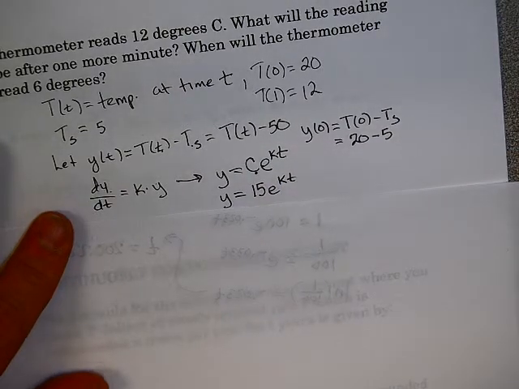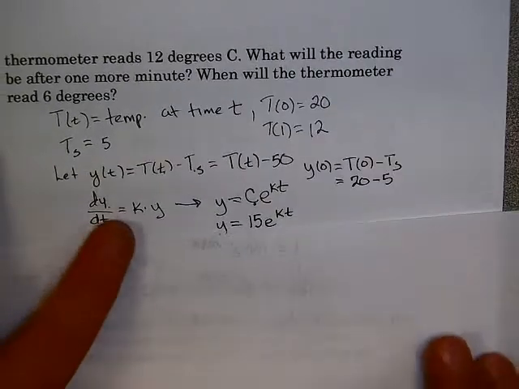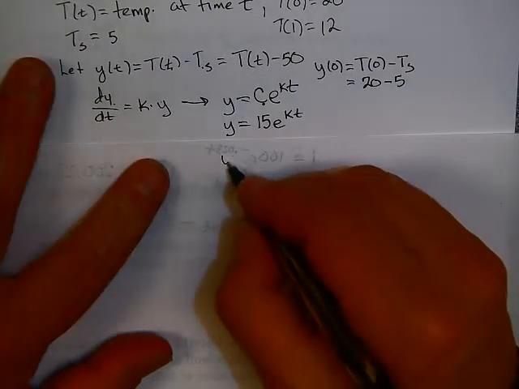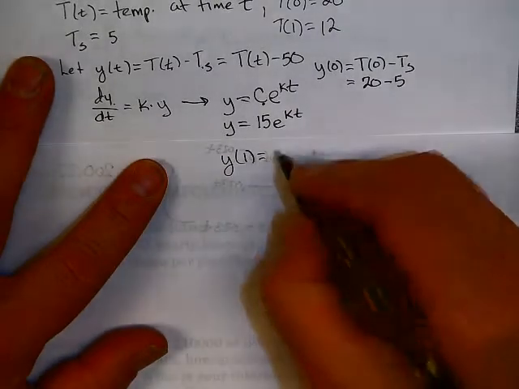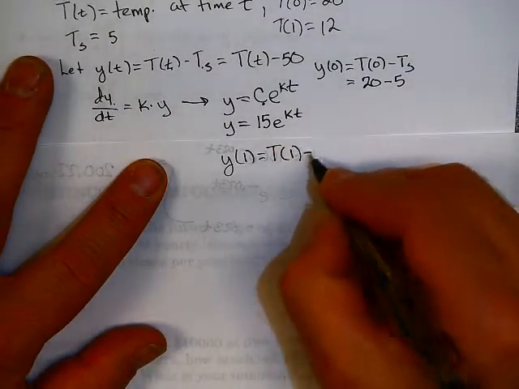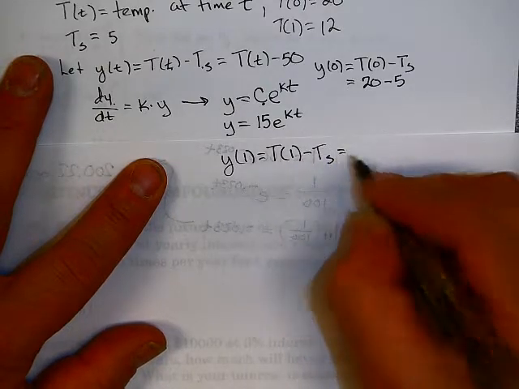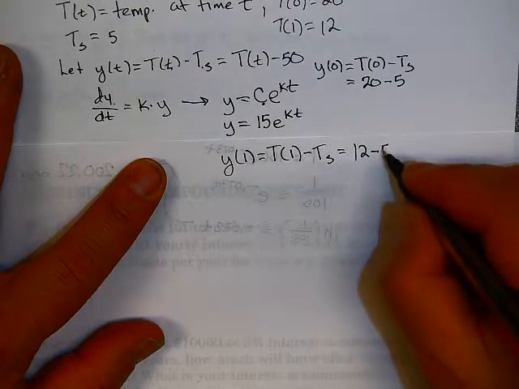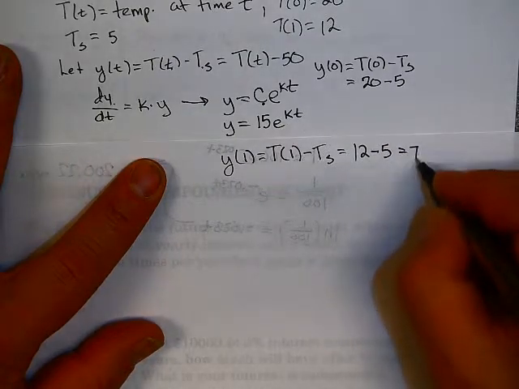Now we need to find k. To find k, we're going to use the idea that y of 1 equals T of 1 minus the temperature of the surroundings. Temperature after 1 minute was 12. Temperature of the surroundings is 5. So y of 1 is 7.